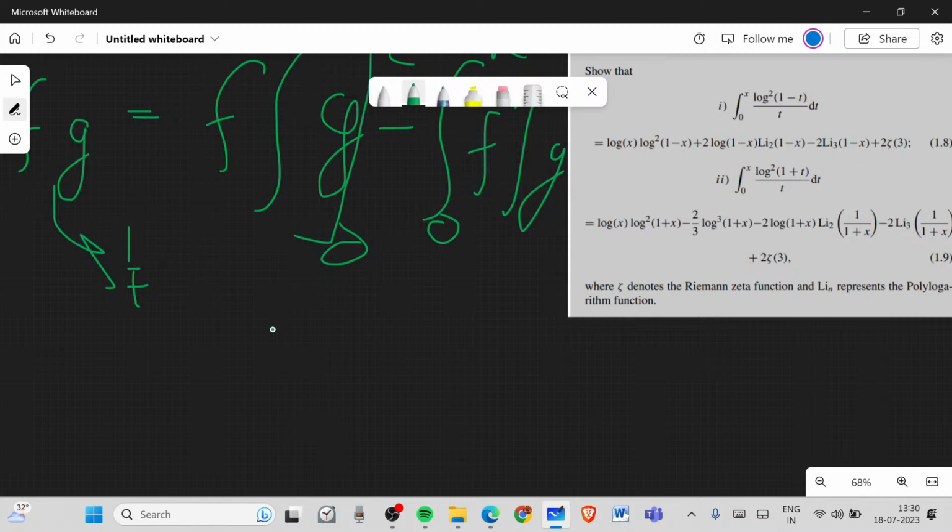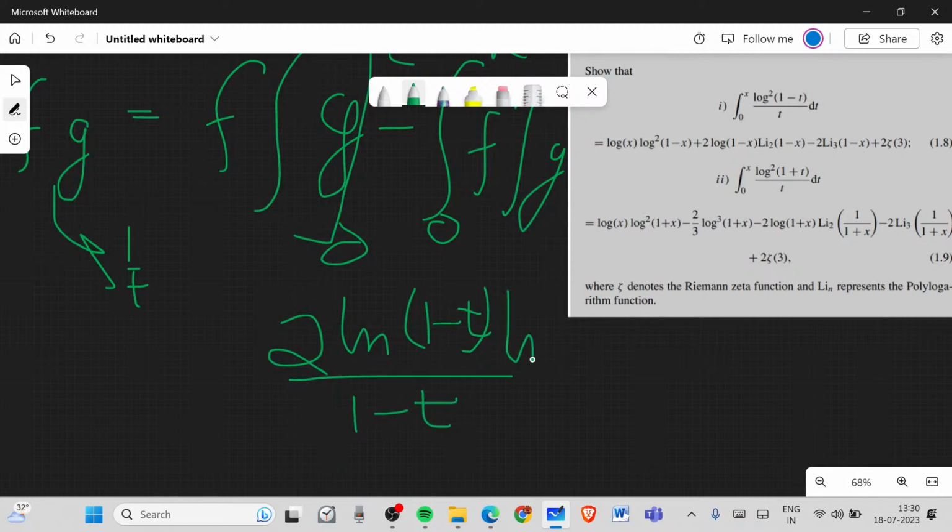So it's, oh sorry, 2 ln(1 minus t) by (1 minus t) into ln t, and a negative for the derivative. This is the second term, right? And negative negative becomes positive, plus the integral from 0 to x of this thing.